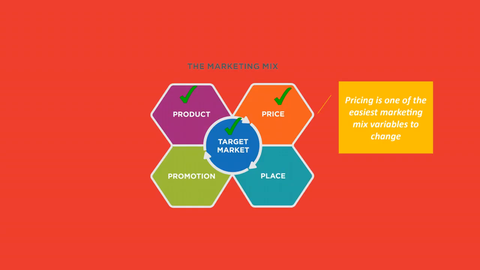But just so we know, I wanted to show you where pricing is and where we are in our course content and module. So we know that the marketing mix consists of the 4 Ps, and in our last session we looked at product decisions.